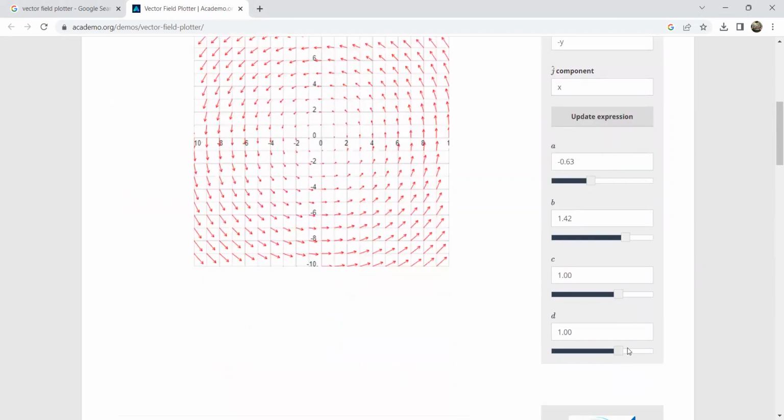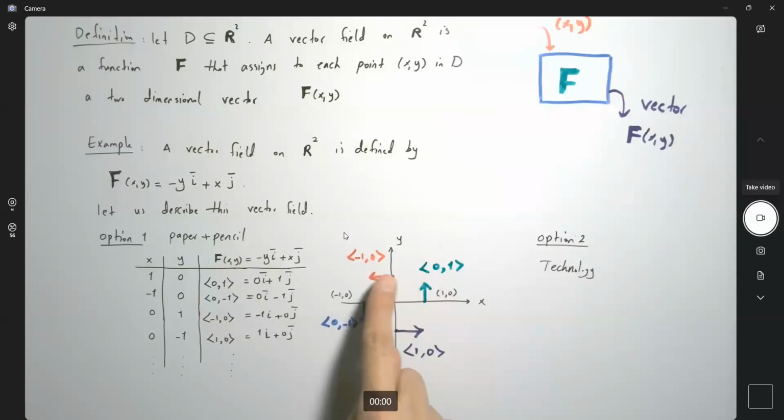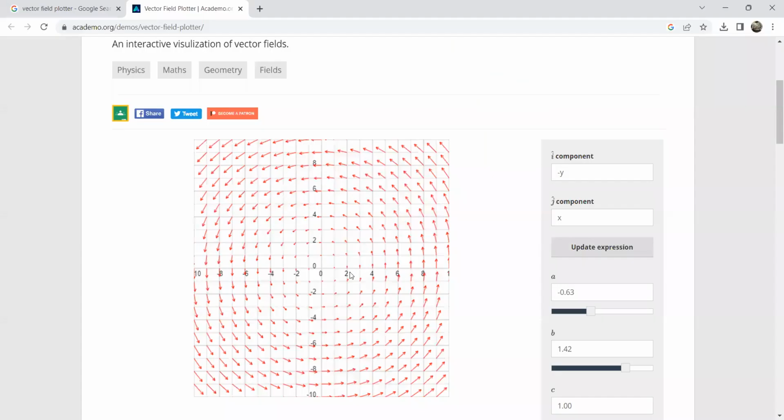This is the behavior of the vector field that we actually graphed with only 4 vectors. You have 4 vectors here. You can see the behavior of the vector field by adding more vectors to it.